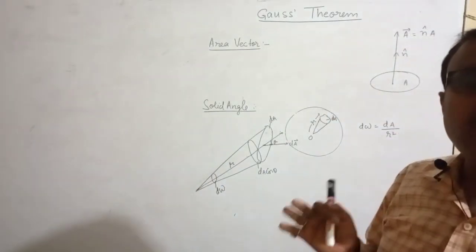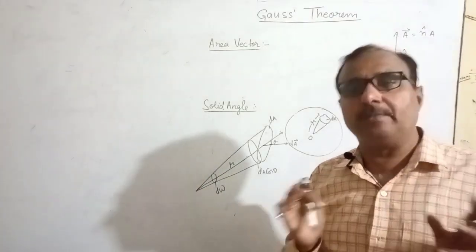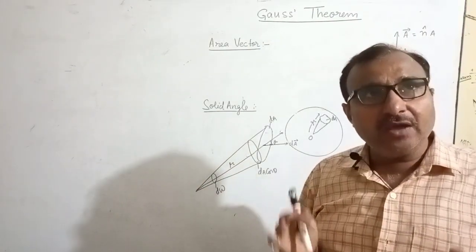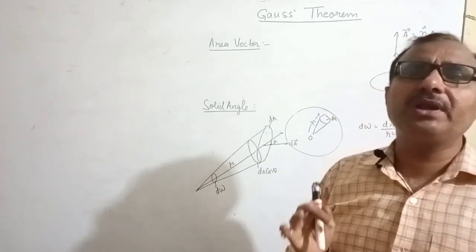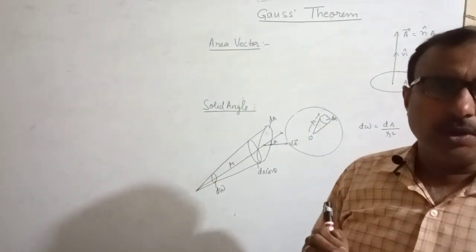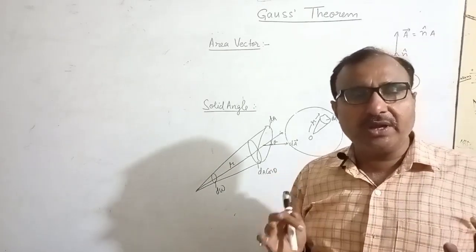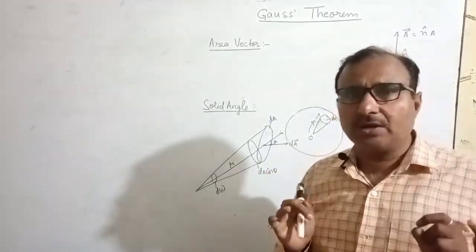Unit vector means the vector whose magnitude is 1. Unit vector is only utilized for direction.